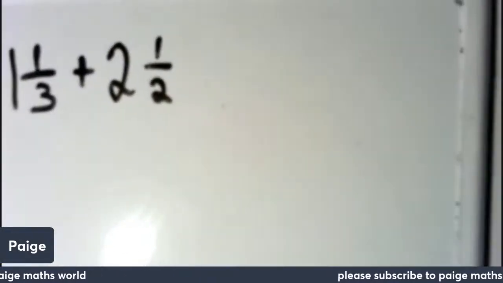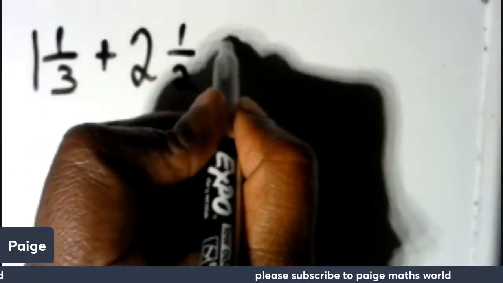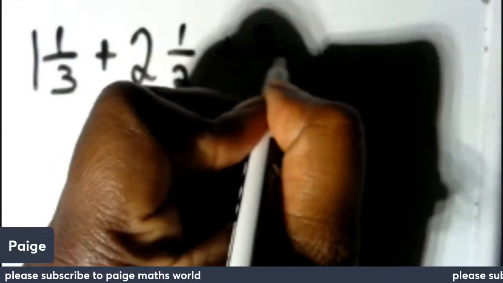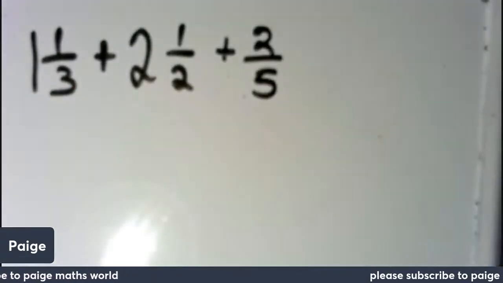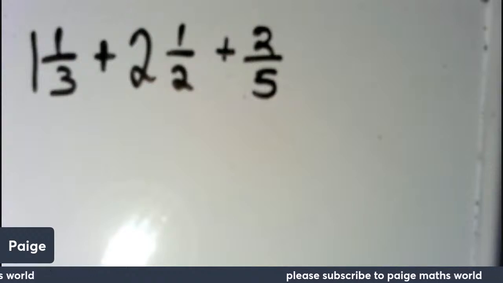All right, so let me step it up a bit. I'm going to use the same 1 and 1/3 plus 2 and 1/2, plus, so let's see who is thinking. Plus, I don't want to go too far, so put 2 over 5. Let us see what you guys get for this one.